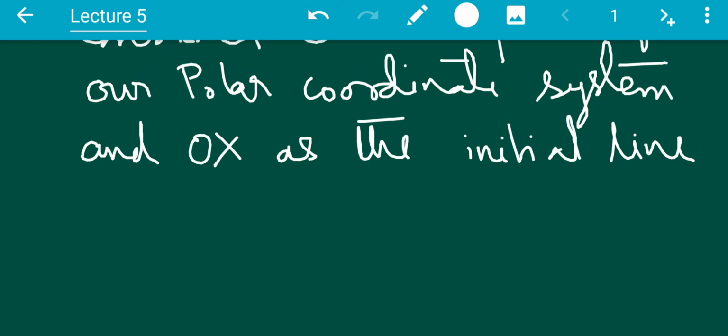Okay, we choose origin O as pole and x-axis as initial line.